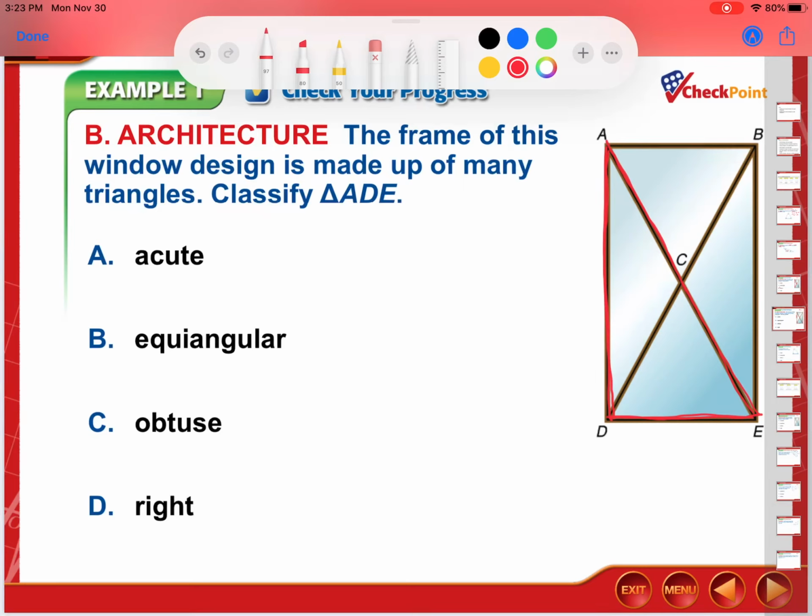So once again, we have a triangle. It appears to be a right angle. We can't say it is because it's not. And the textbook would be real quick to judge you guys on a test for doing the same thing that we're about to do. But the correct answer is that it's a right triangle. So we're supposed to assume that the window is squared off at 90-degree angles.